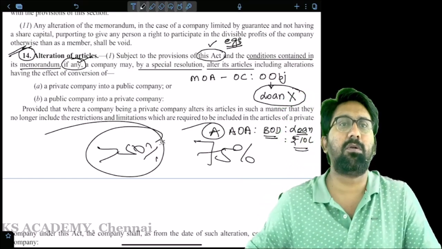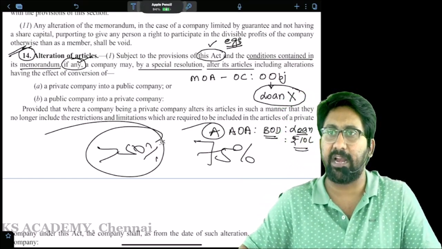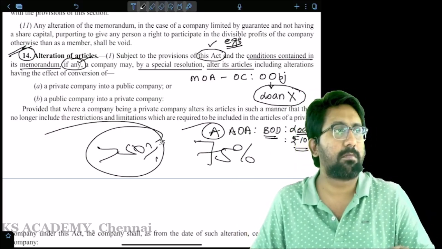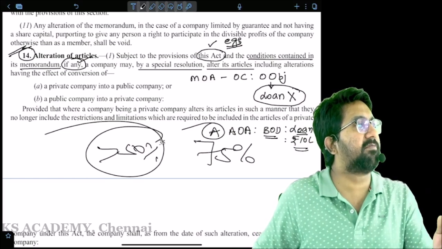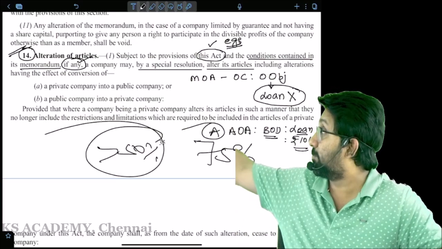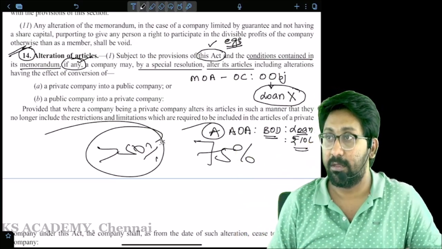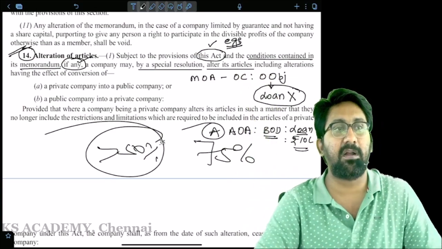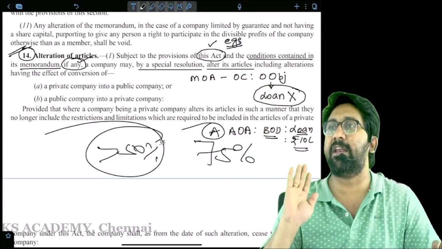Whenever you want to alter the articles, the idea should come to whom? The Board of Directors will get the power from which section? 179. That's subject to the provisions of this act. First, the idea should come to the board as per the Companies Act, under section 179.